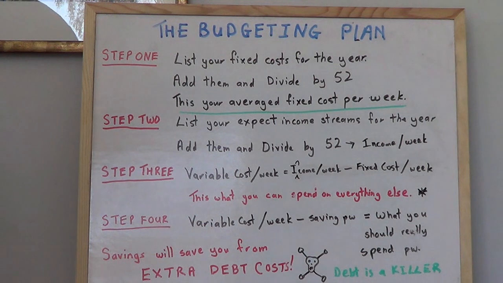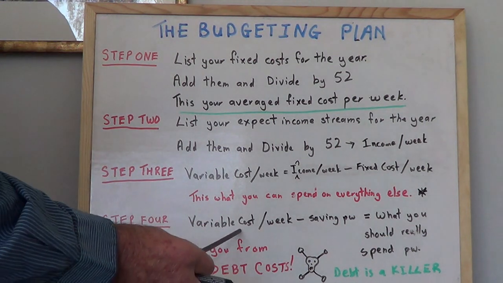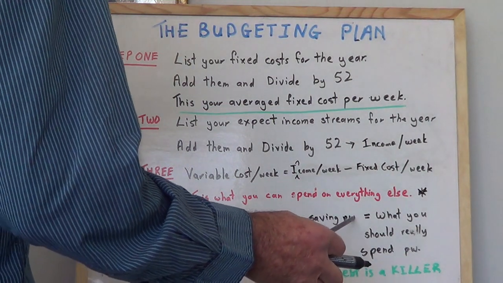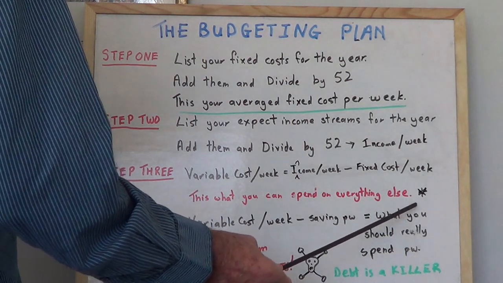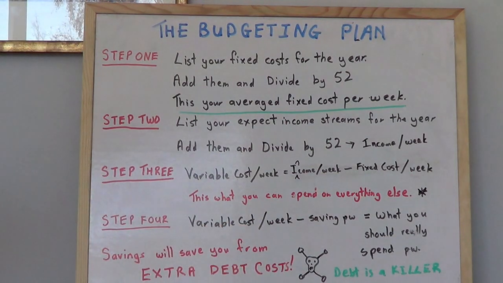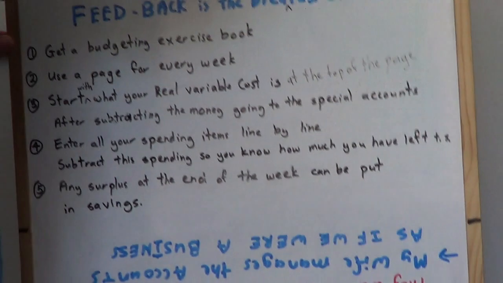Right? So what you do for step 4 is you take your variable cost per week and you subtract your savings per week. And that's when you get what you should really spend per week. Now, we better go to step 5.